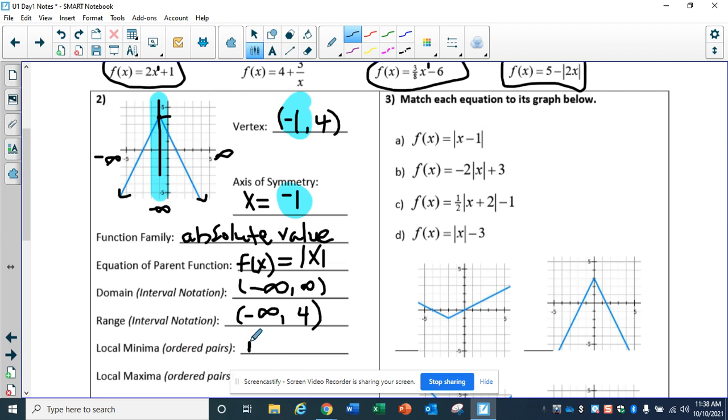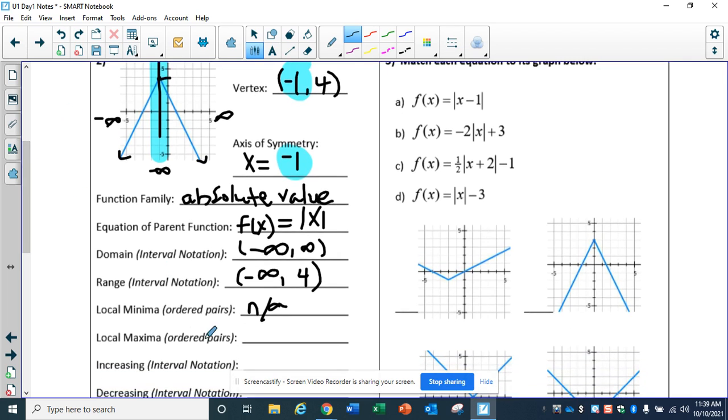No minimum, because it's upside down, it goes to -infinity, but there is a local maximum, which is this vertex here. That is the top of the hill. And if we want it as an ordered pair, that would be -1, 4. If we wanted just the maximum value, we would just put the 4.